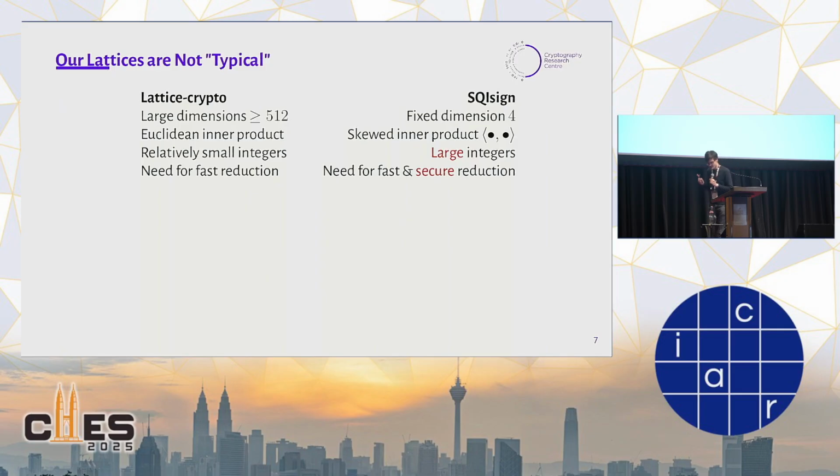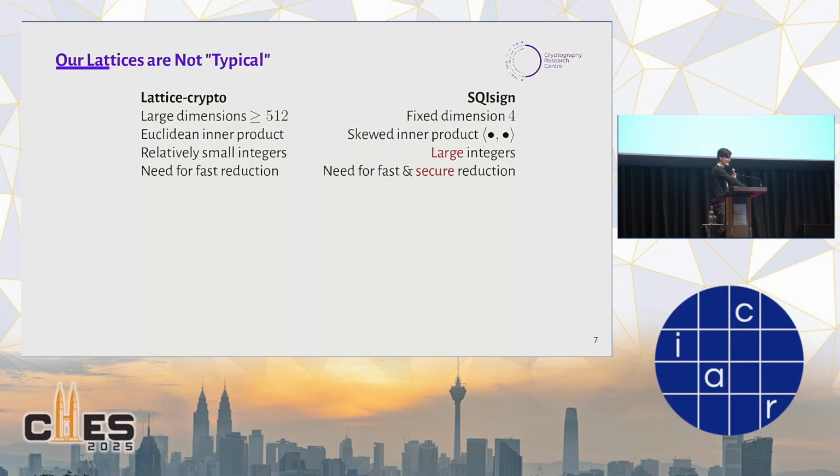Again, the lattices we encounter within SQIsign are not typical. In lattice cryptography, we are usually dealing with a large number of dimensions, potentially thousands, whereas here we are dealing with dimension 4. In lattice crypto, we are usually dealing with the Euclidean inner product, and the inner product in SQIsign is rather unique, I would say. In lattice-based crypto, we're dealing with relatively small integer sizes, usually fitting into 64 bits for most applications.